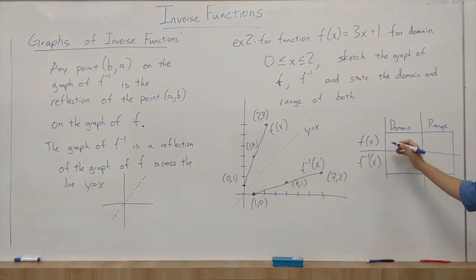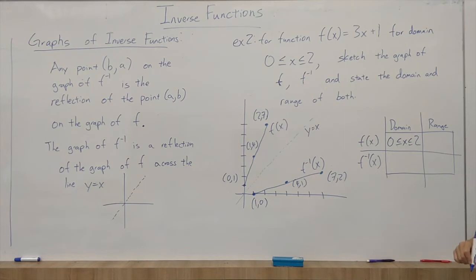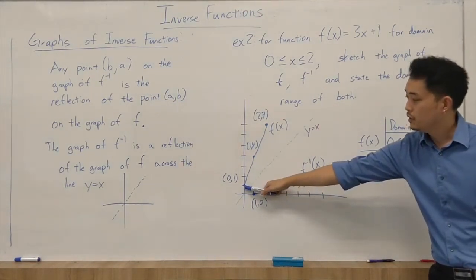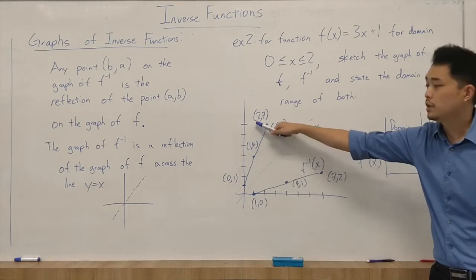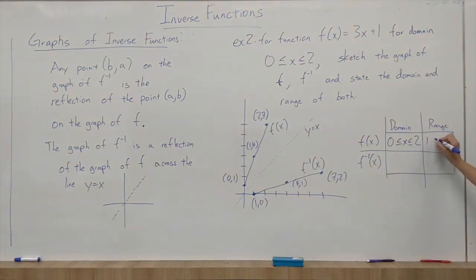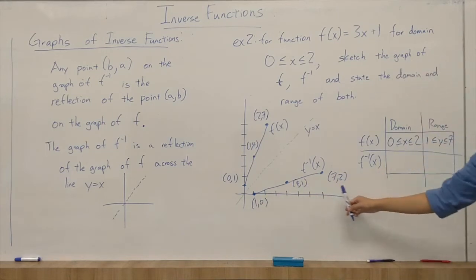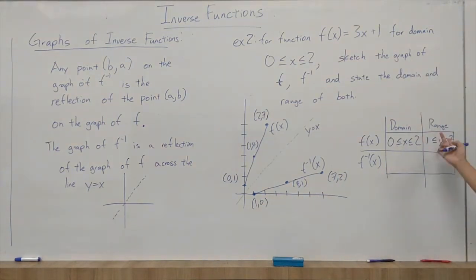The domain of f of x we've already stated up here, 0 until 2. The range, well, the range goes from all the way from 1 up to 7. Now the domain of the inverse function is actually just going to be the exact opposite of f of x, right?